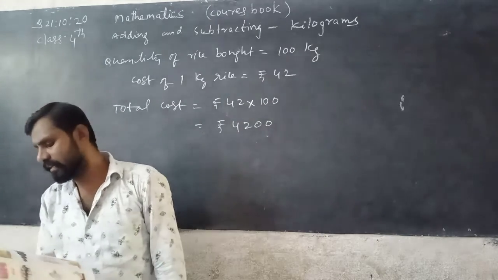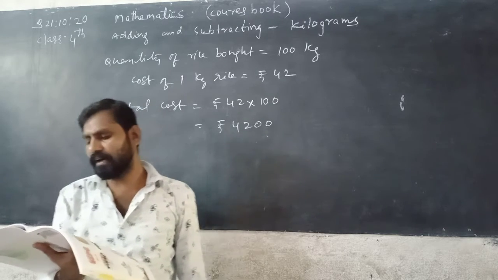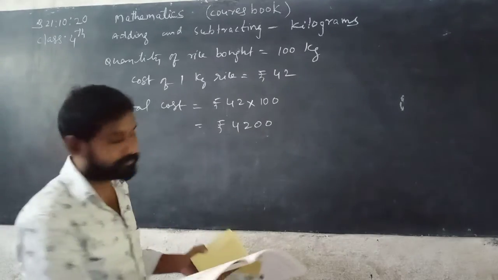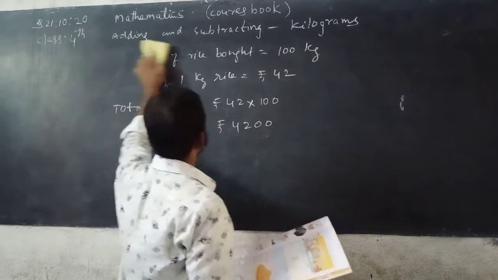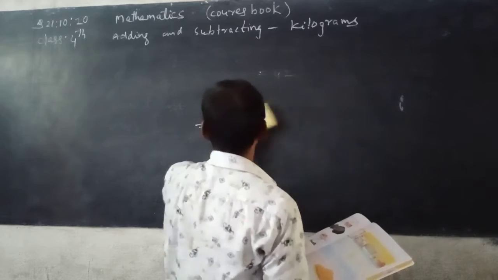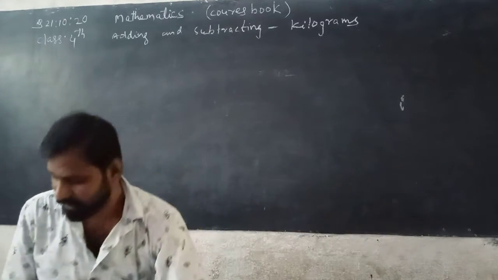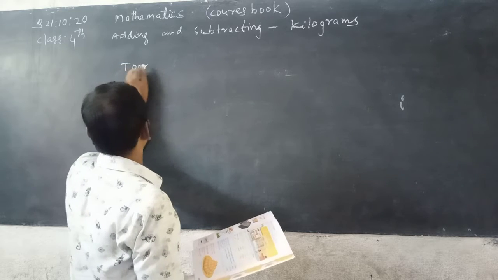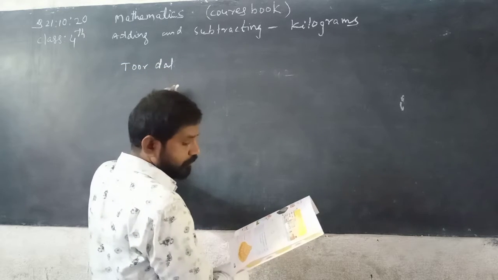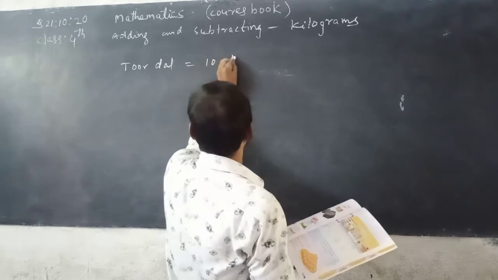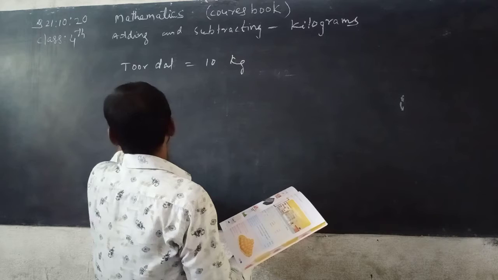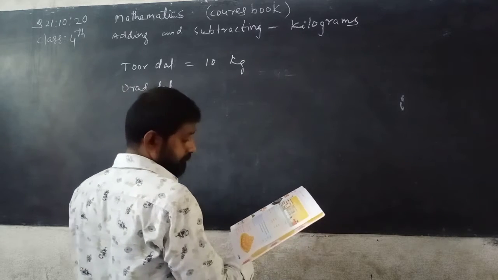Now next, how many kg of dal did they buy in total? So here the types of dals are tur dal, urad dal and chana dal. There are 3 types of dal. Tur dal is equal to 10 kg. Next, urad dal is equal to 20 kg.